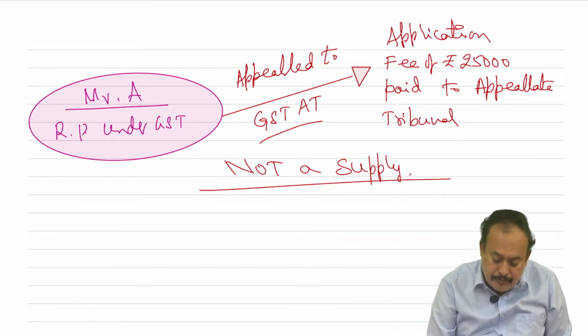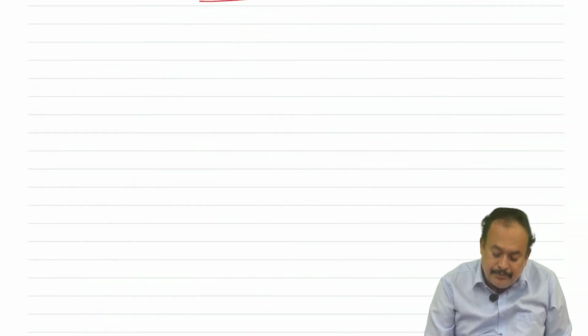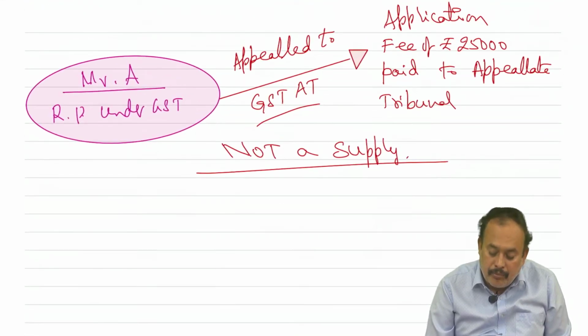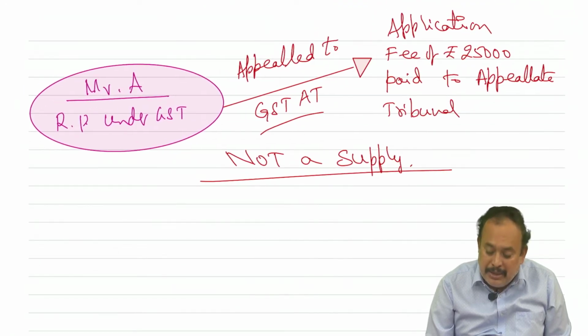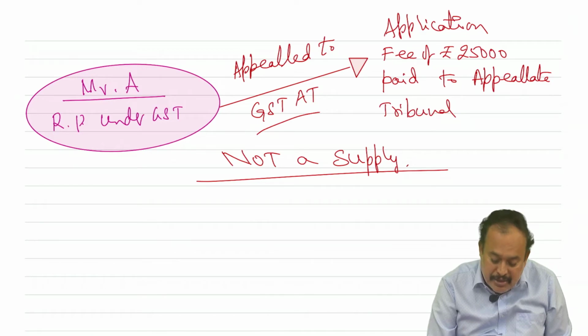Furthermore, one more point on not-a-supply cases: CBIC clarification is given.